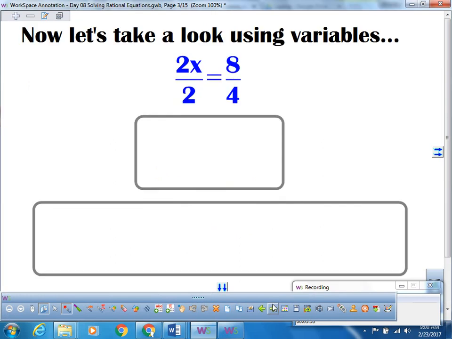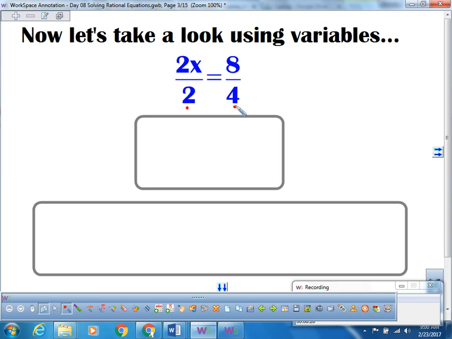So, right? Now we're here. So now let's take a look at using variables. So where I'm getting at is if I can make these denominators match, then I know the numerators are equal. Correct? I just proved it to you with real numbers. Now I've got a variable in there. So what would I do to both sides to make this denominator match this denominator?